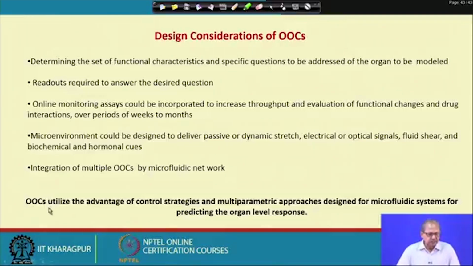Organ on chip utilizes control strategies and multiparametric approaches designed for microfluidic systems for predicting organ level response. So a total engineering approach should be utilized to harvest the potential of organ on chips.